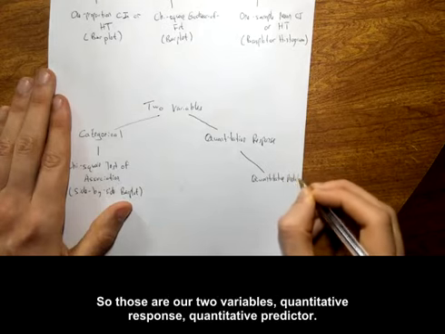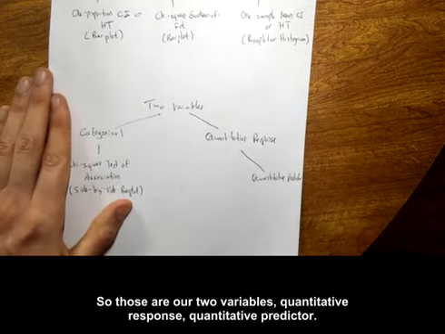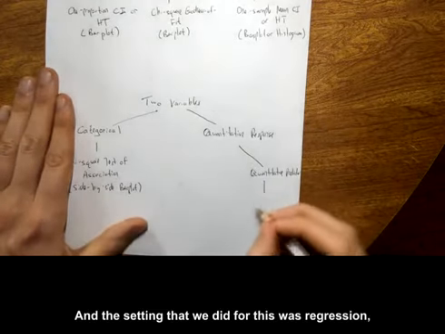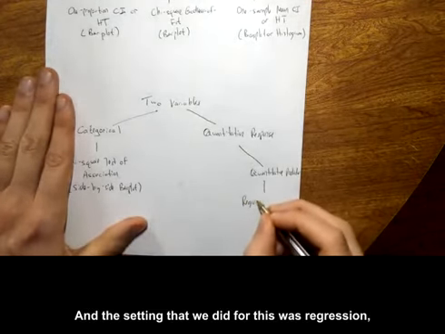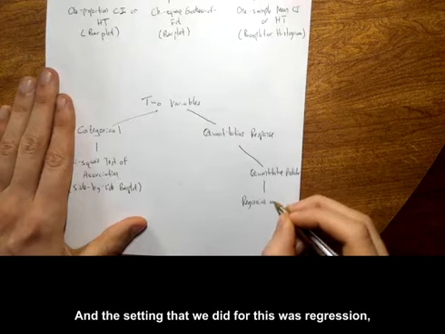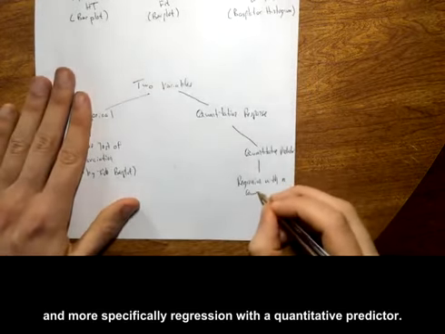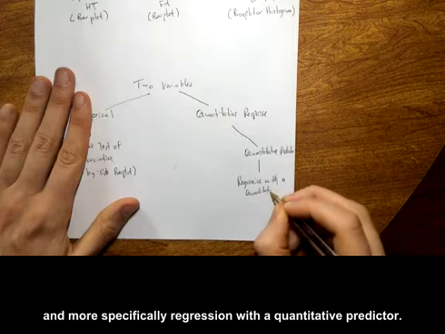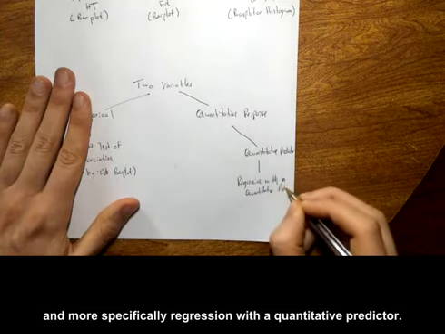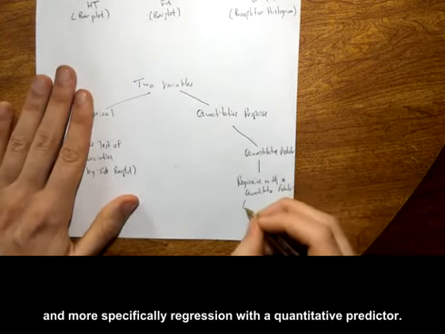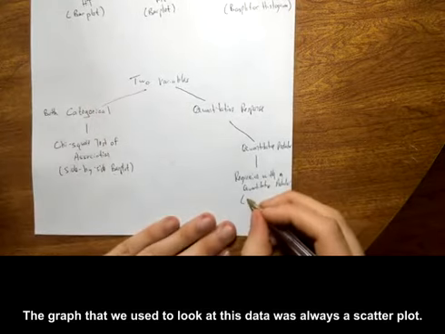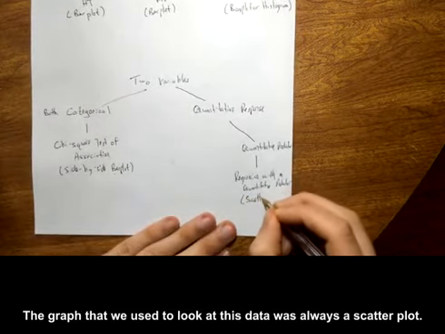So those are our two variables, quantitative response, quantitative predictor. The setting that we did for this was regression, more specifically, regression with a quantitative predictor. The graph that we used to look at this data was always a scatter plot.